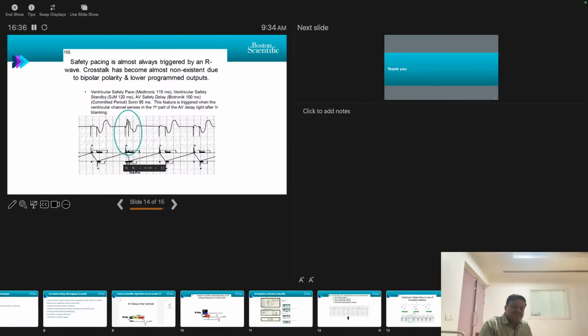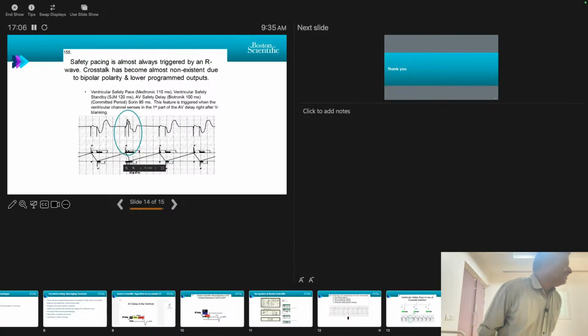If safety pacing is happening at 95 milliseconds post cath, even though our programming is at 120, 150 or 110 milliseconds, we need to check whether the lead was dislodged, or whether higher output in the atrium is being sensed by the other channel. We need to make sure before sending the patient back home.